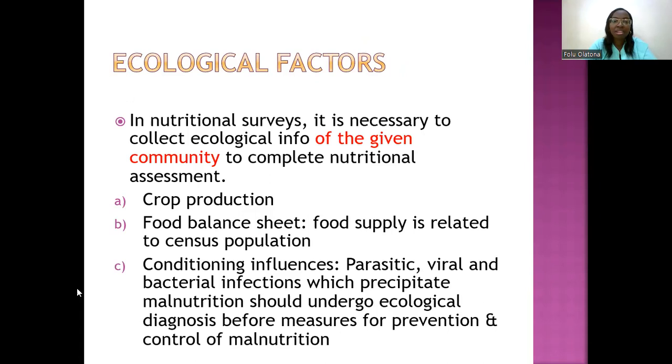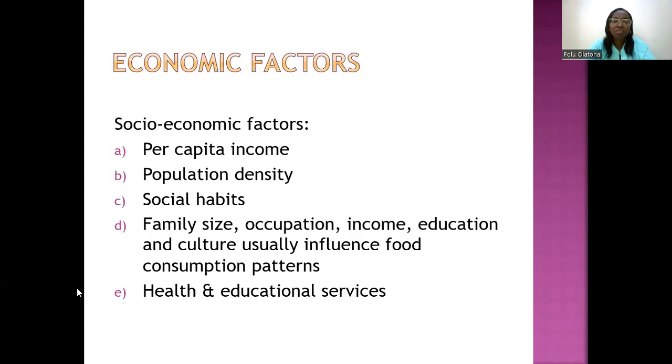So this slide further explains ecological factors: crop production, food balance sheets, conditioning influences, socioeconomic factors such as per capita income, population density, social abuse, family size, health and educational services. All these socioeconomic factors, if they are low, that's a sign of poverty, a sign of poor nutrition.